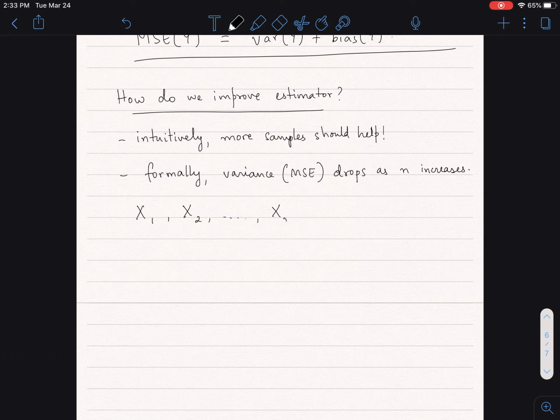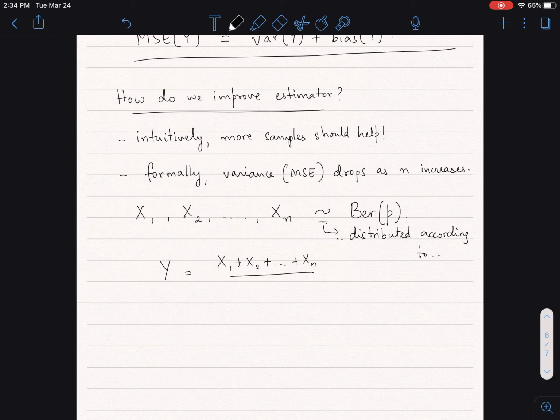So x1 up to xn are all distributed as Bernoulli P. This symbol just means these are distributed according to this distribution Bernoulli P. People also read this as these are drawn from Bernoulli P. So you have x1, x2 up to xn like this, and let's consider the same estimator, which is y, which is x1 plus x2 up to xn divided by n.